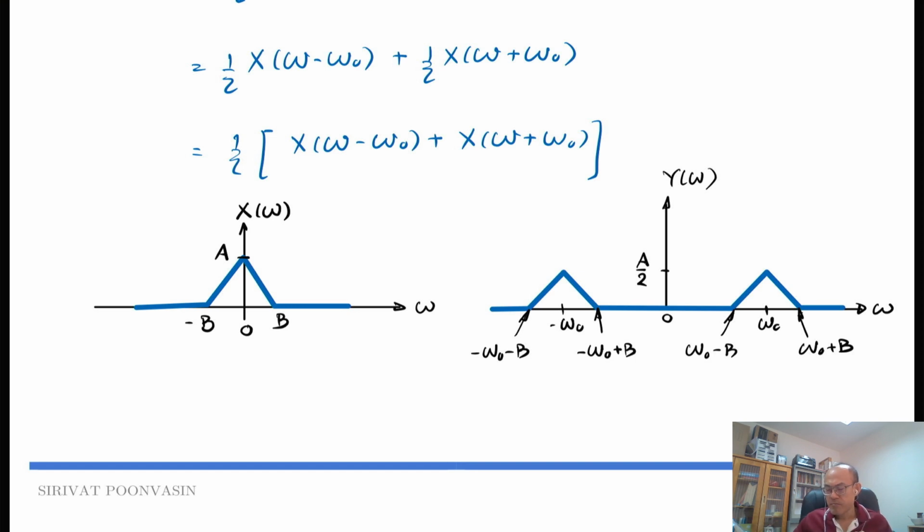Modulation is a process that would shift the frequency spectrum of our signal to our desired frequency. Okay, in this case, the desired frequency is omega 0. It's kind of like it is translating our signal to those frequencies.